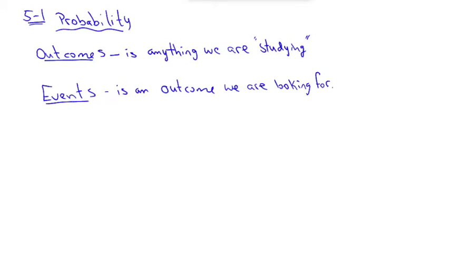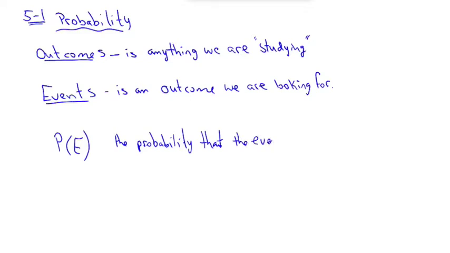So probability based on these events and outcomes is literally the probability of an event. I want you to get used to this notation. P(E) reads literally the probability that the event E will happen.